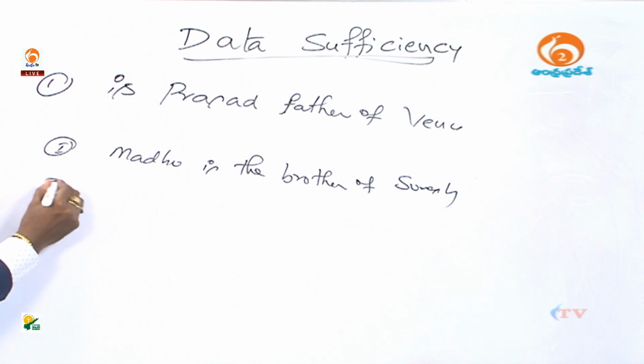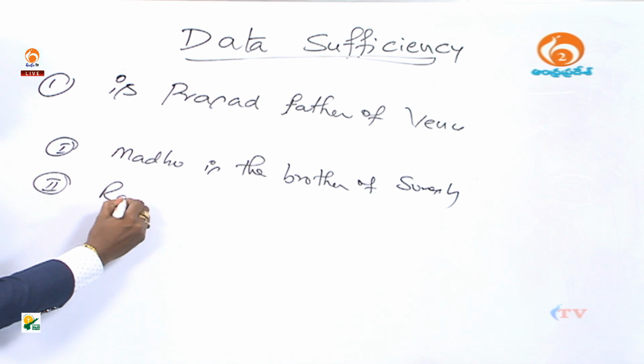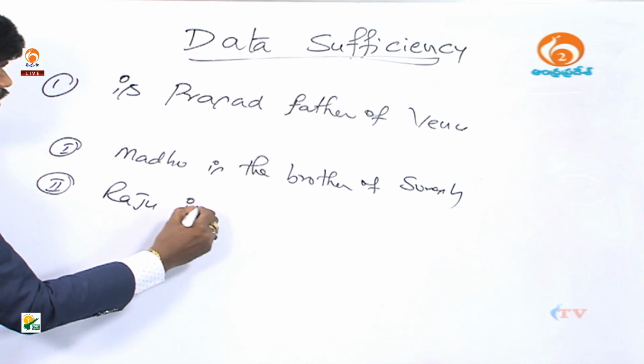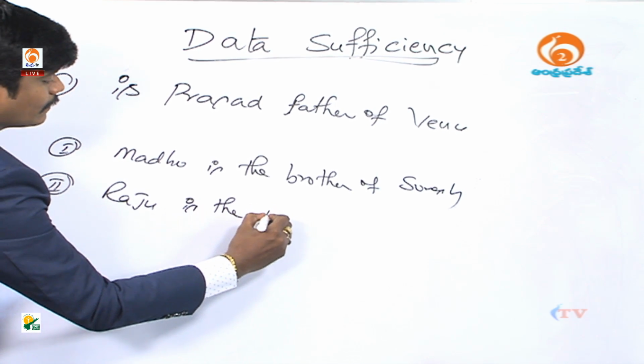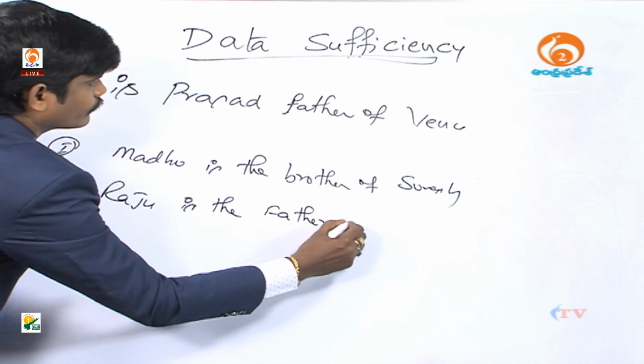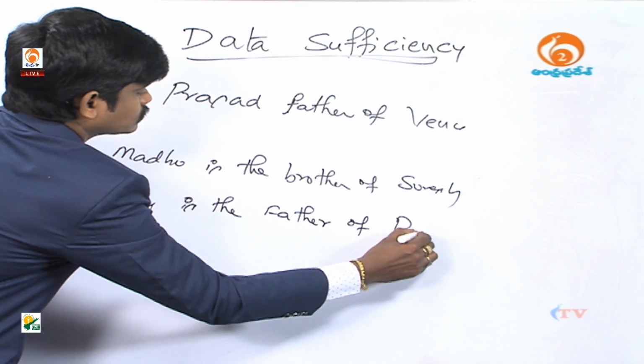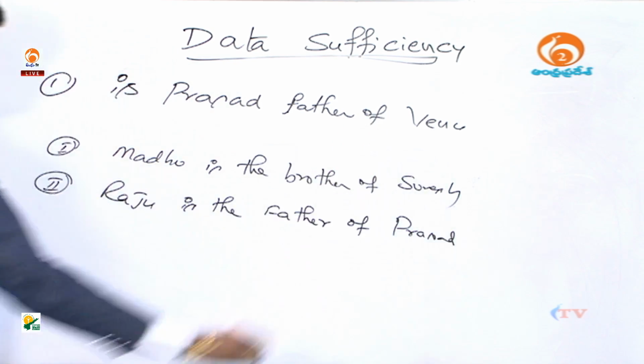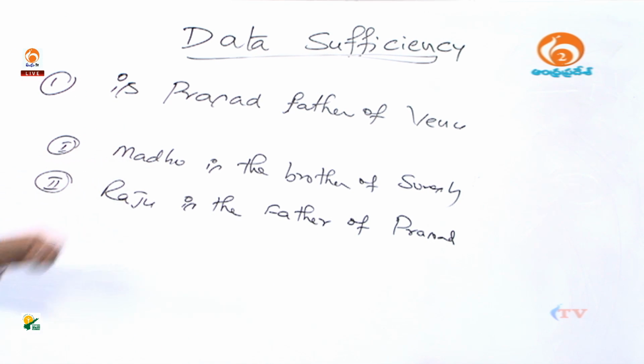And the second statement is Raju is the father of Prasad. Which data is sufficient to give an answer for the given question? The given question is, is Prasad the father of Venu?